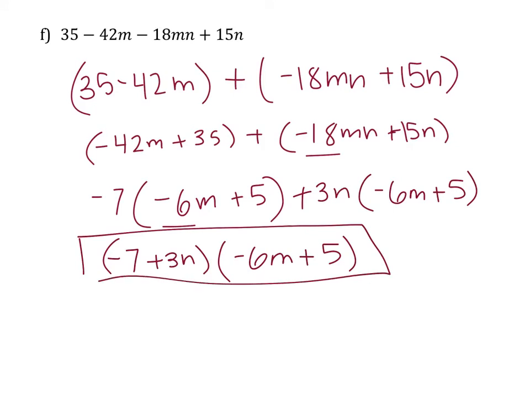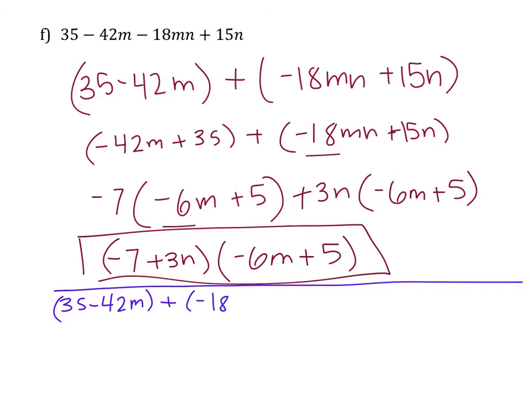Now let me try to fit here on the bottom how to do this without switching the places in the beginning. So I'm left with 35 minus 42m plus negative 18mn plus 15n. Factoring normally, okay, these both are divisible by 7, so I'm left with 5 minus 6m.